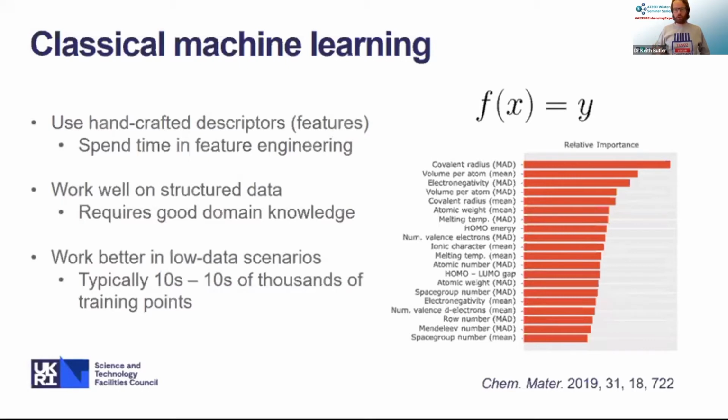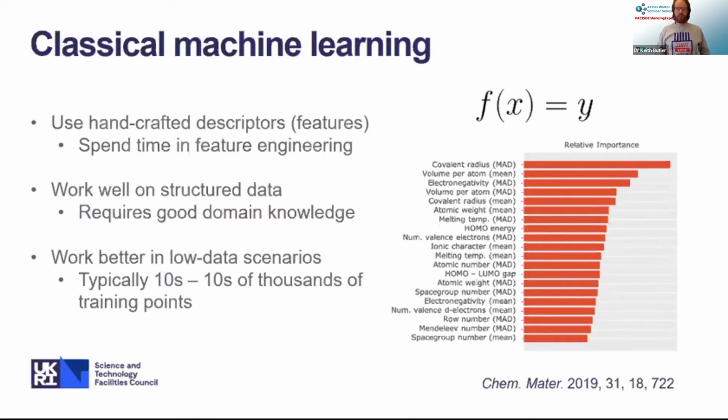The example I show here on the right is from a study that we did with Dan Davies, who's based at UCL, a couple of years ago. This is predicting band gaps of materials based on their properties. You can see the descriptors that went into the model are domain expert descriptions of a material, so covalent radius and electronegativity and stuff like that.